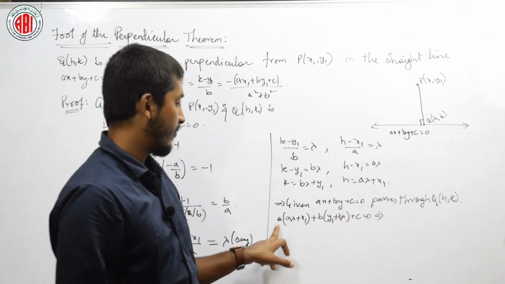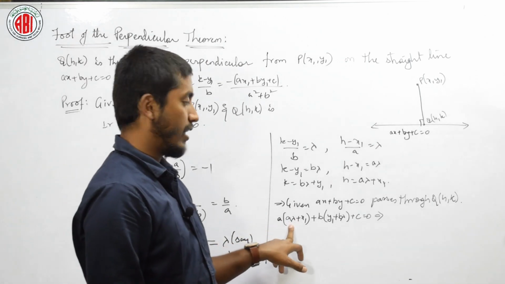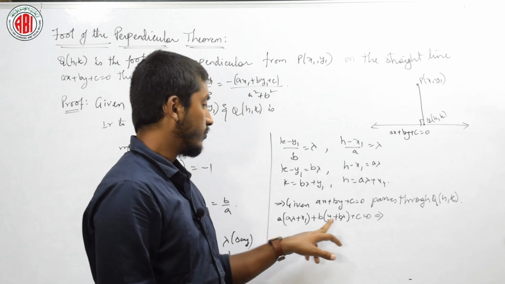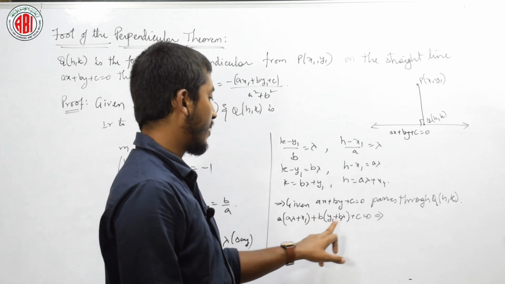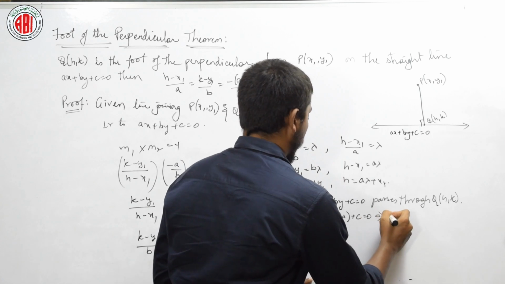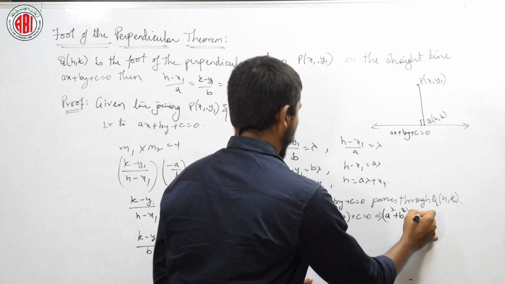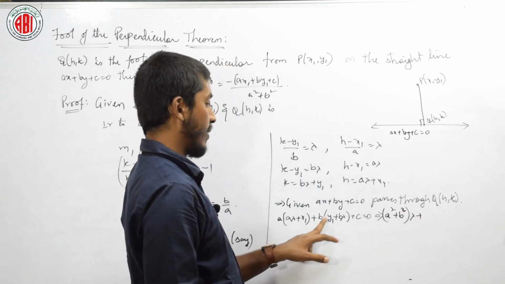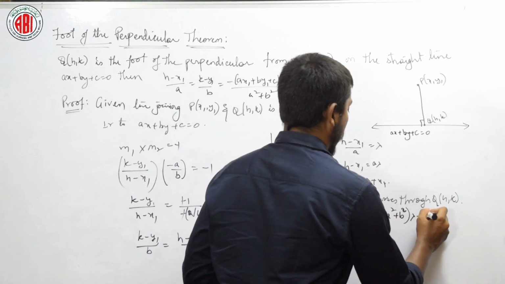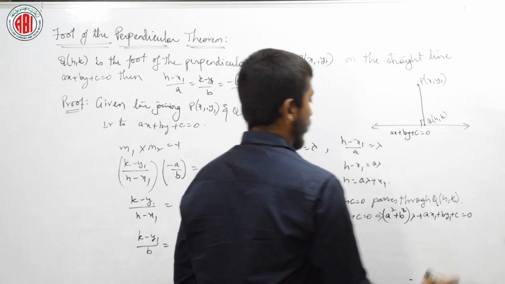Let us simplify it. We can take lambda common here: a square lambda, b square lambda, ax1 + by1 + c = 0. So (a square + b square) into lambda + ax1 + by1 + c = 0.